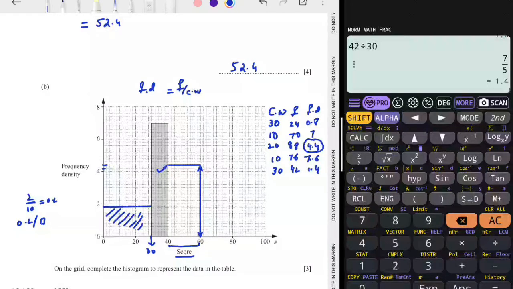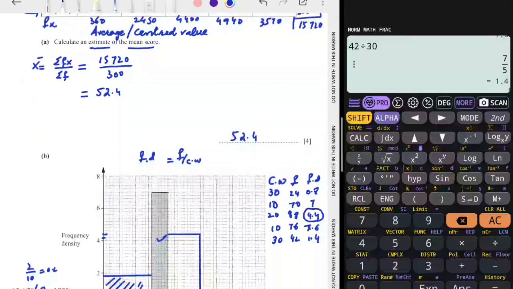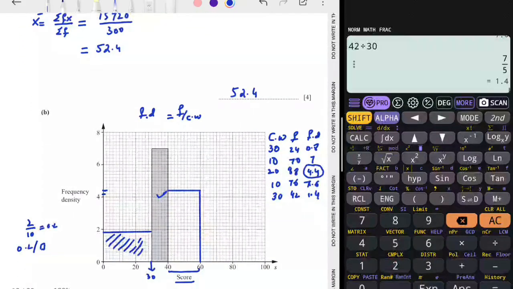Now let me draw it again. Now the next one is 60 to 70, and the frequency density against this class interval is 7.6.